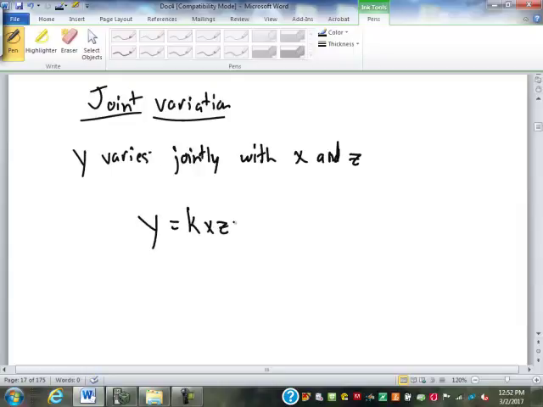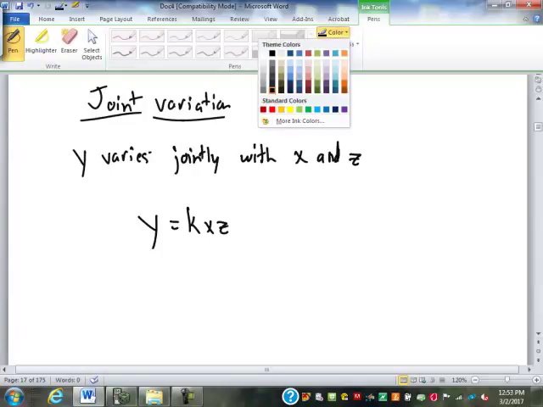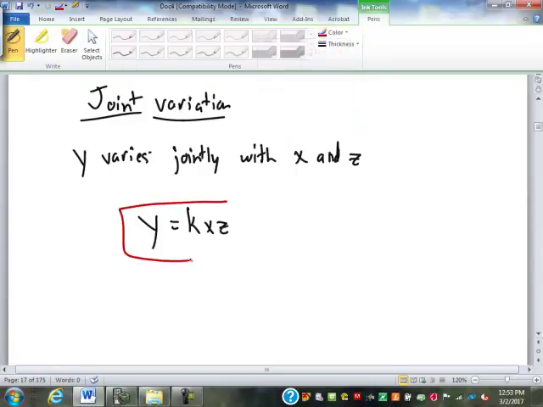So basically y varies directly with both x and z is what that is saying. That kind of falls in a more general category. That's why I'm not going to spend a lot of time talking about joint variation. It falls in a more general category of combined variation.